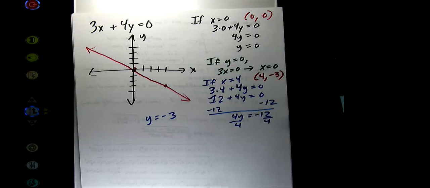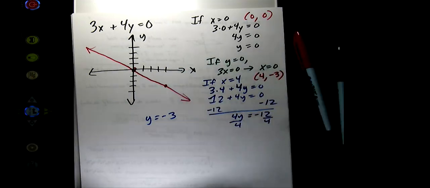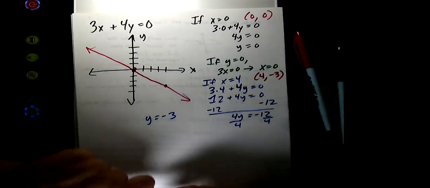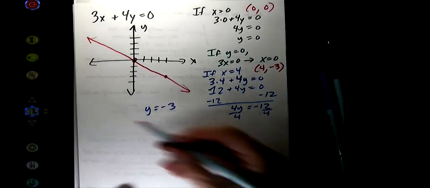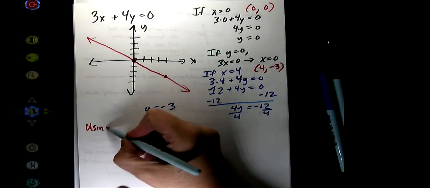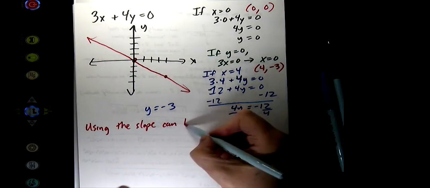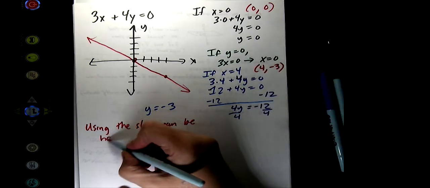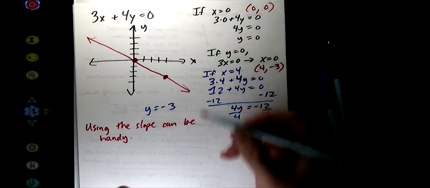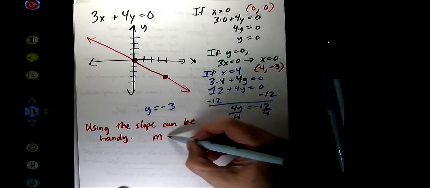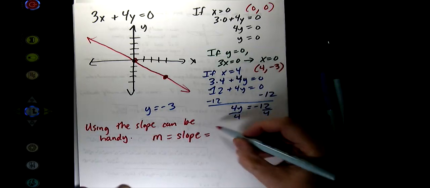So sometimes when you only have 1 point, like in this case, where the x and y intercept was a single point, using the slope is handy. And there's a way of measuring this slope. The slope goes by the letter m. And it's a fraction.